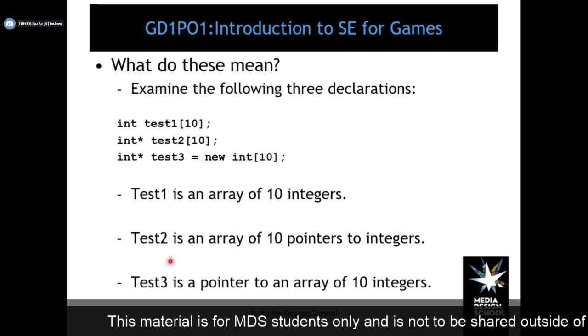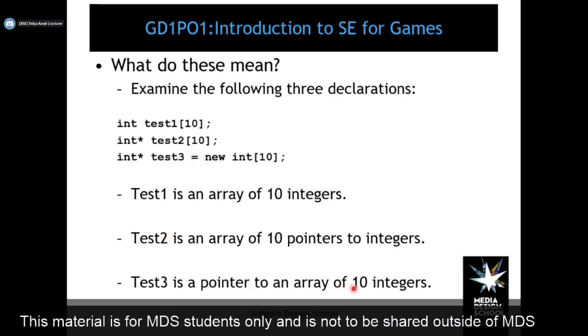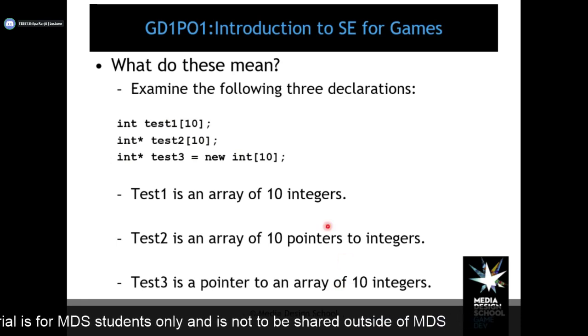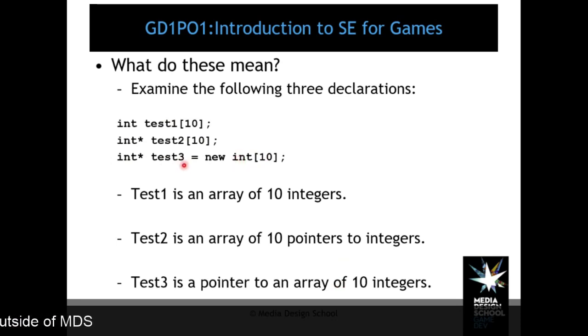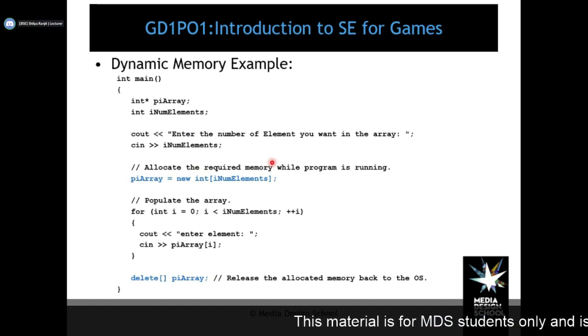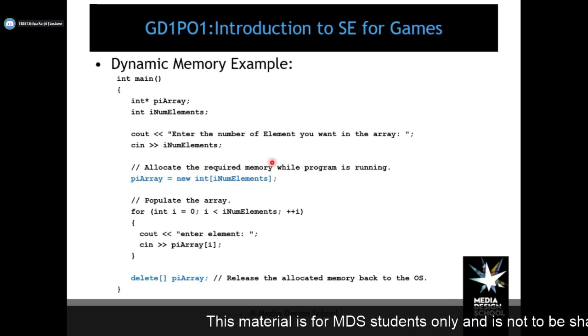In other words, test 3 is a pointer to an array of 10 integers. So please understand the difference: the second one is an array of 10 pointers itself, whereas the third one is a single pointer that points to an array of 10 integers. All right. So yeah, this is an example of dynamic memory allocation.